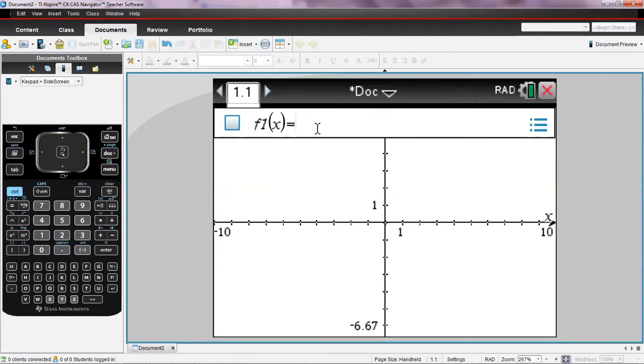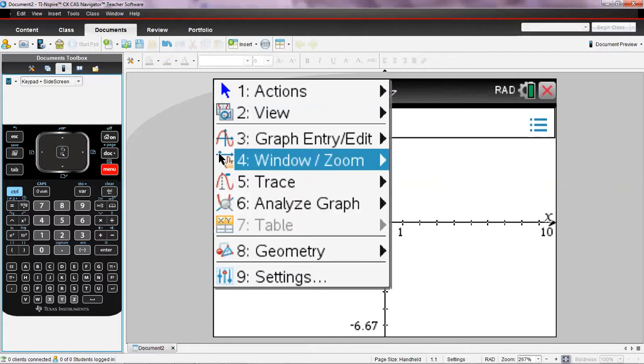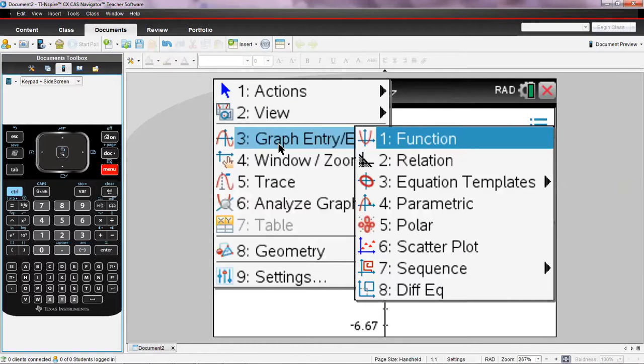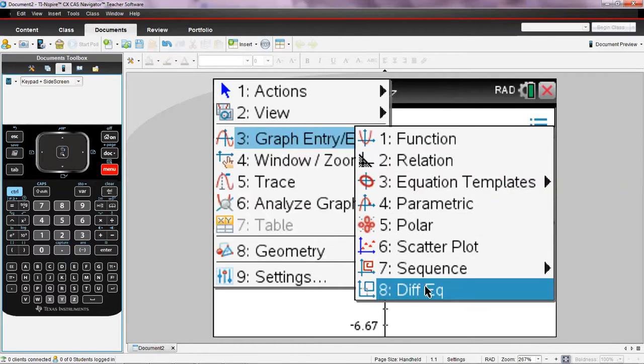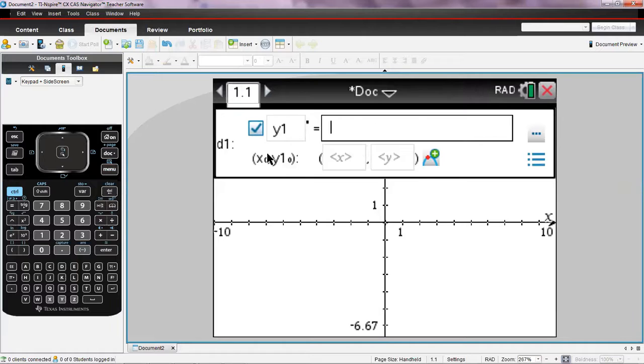Here you can graph a function, but you want a differential equation. So you click on menu, then graph entry, and at the bottom you see diff-eq, differential equation. This is going to be your entry. You click, and you have a different format.